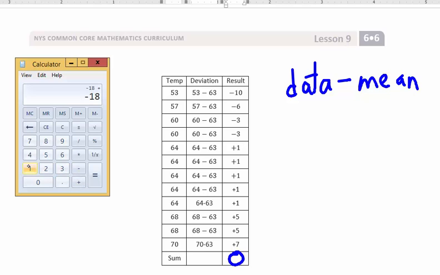So I need to add another plus 1. Now I'm doing a plus 5. Plus 5. Plus 7. And look, it matches what I predicted for it to be 0. So I know my mean is the correct spot of 63 since my deviations all equal 0.